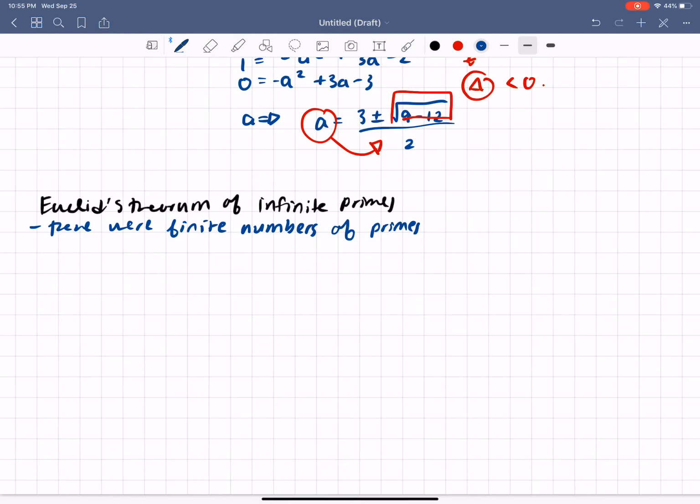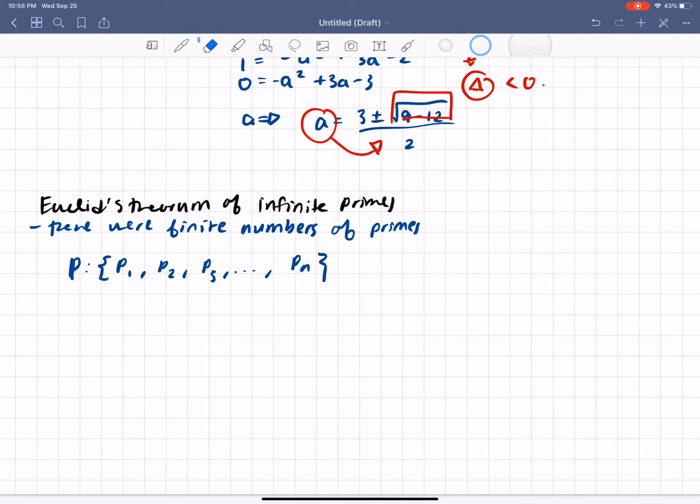I can quantify the amount of prime numbers that exist by listing them in a set. So I could say that the prime numbers could be included in the set P1, P2, P3, all the way to Pn. And because I have a Pn, I'm saying that at this Pn value, that's my last prime number. There's no prime number that exceeds it.